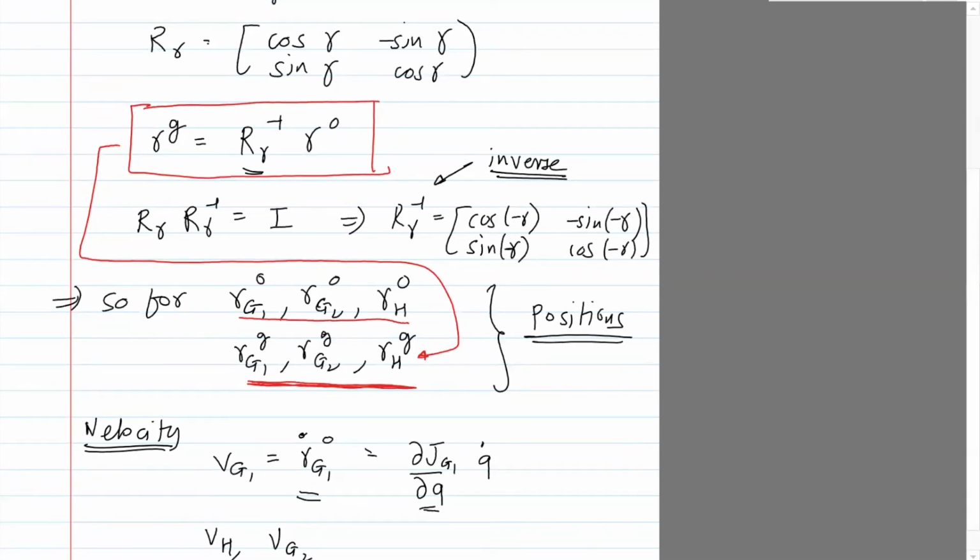Okay, so let's see how this comes together. We've got the velocities. Now we have the Euler Lagrange formulation. For that, we need the kinetic energy.